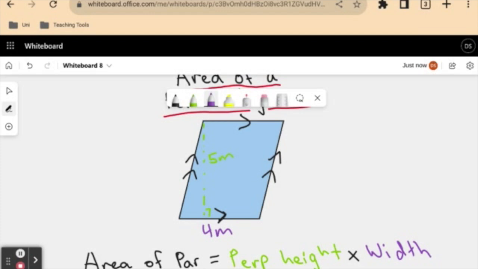Feel free to pause and have a go, but what we should get is an area of 5 meters multiplied by 4 meters. And we showed here that when we deconstruct our parallelogram, we essentially get the features of a rectangle. And how did we find the area of our rectangle? Well, we multiplied the lengths as well as the units. So here we end up with 20 meters squared.